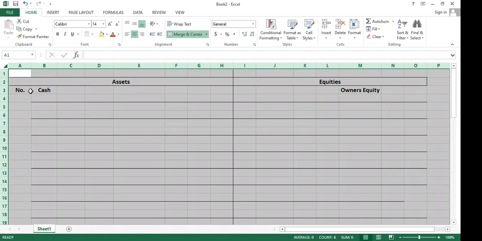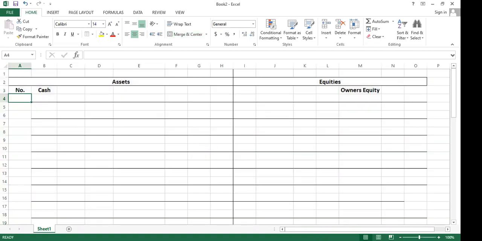Problem number 2. First one is A. Invested 15,000 in cash. Add the cash 15,000 and add owner's equity 15,000.